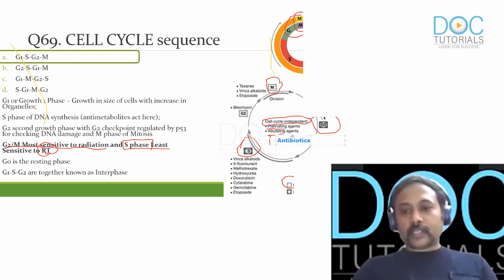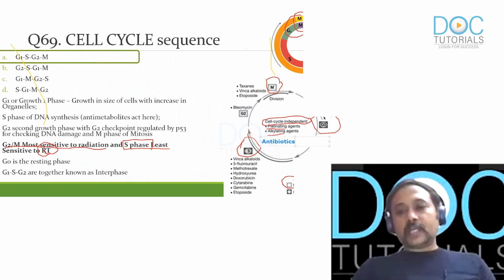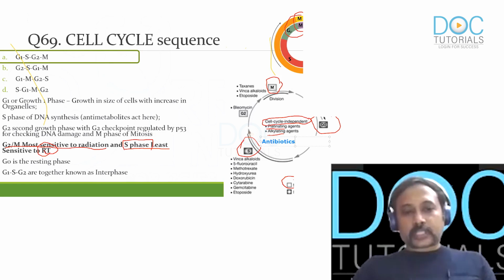These three are the ones which are cell cycle non-specific. When you take up the S phase specific drugs, those are all going to be your anti-metabolites. Basically they are all variants of your adenine, guanine, cytosine, thymine, pyrimidine.